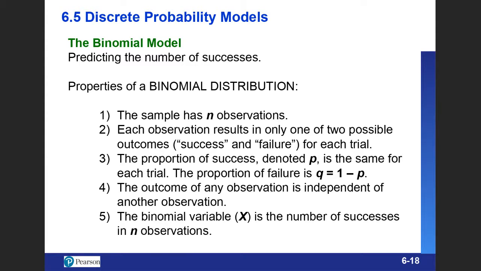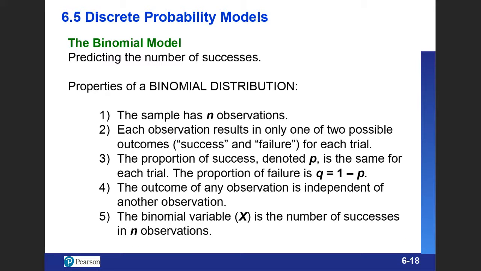Number three, the proportion of success denoted by P is the same for each trial. So this P is not probability, it's proportion of success. And the proportion of failure is denoted by Q, which is 1 minus P. In your homework, they use Q as a proportion of failure, but I like to use 1 minus P because then that's one less variable for you to remember.